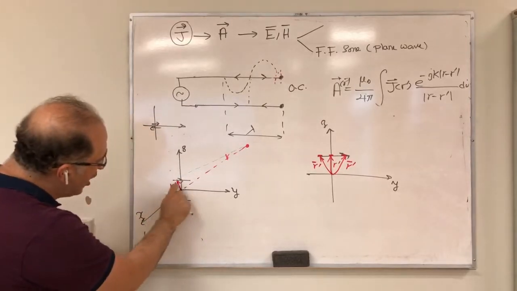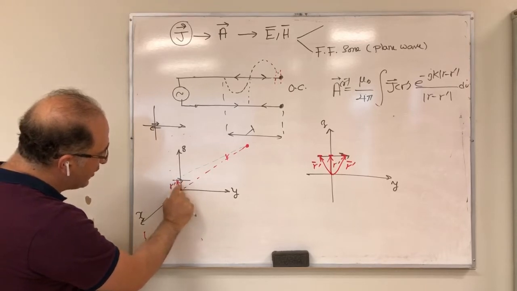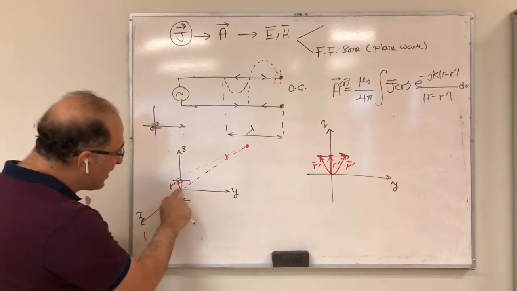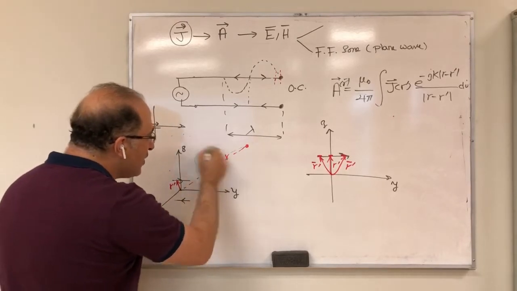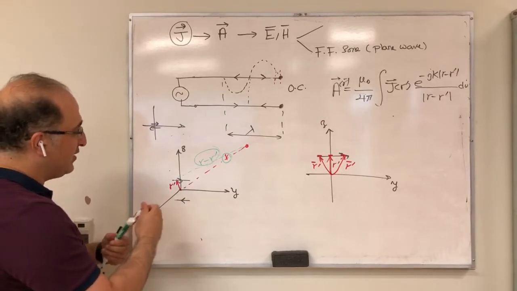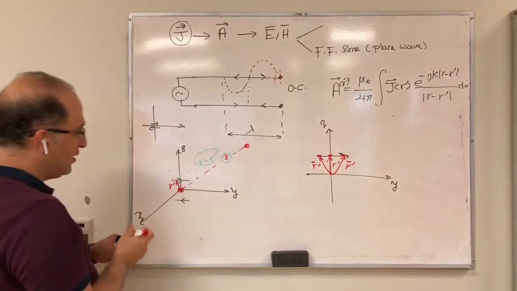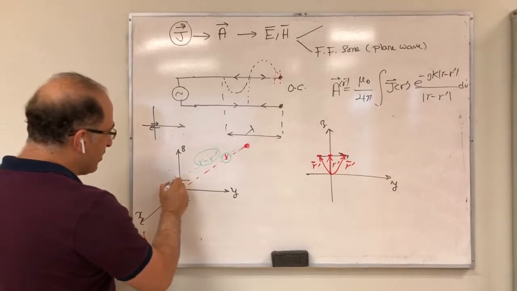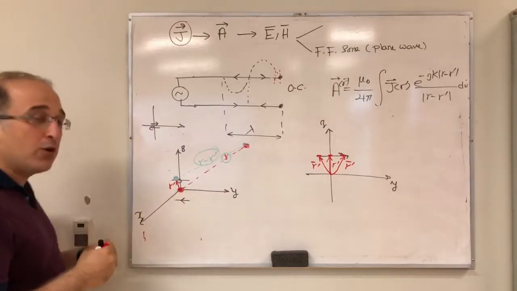If you think of this wire as very close to the origin, in fact, R prime is so tiny that this R minus R prime is essentially the same as R. Compare this line from here to here with R minus R prime, from here to here. These are extremely close to each other.